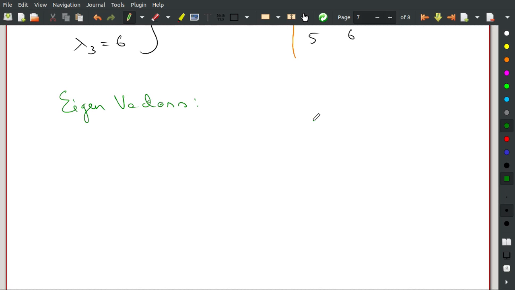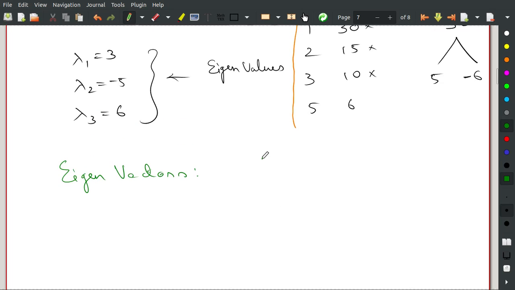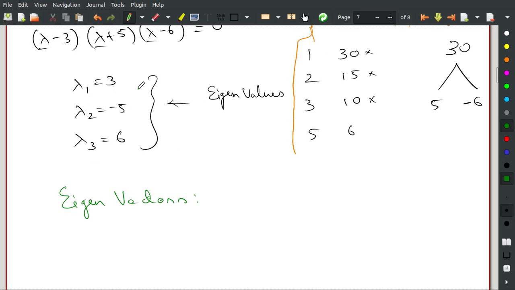Okay, in order to find the eigenvectors, what we have to do is substitute these eigenvalues in the equation (A minus lambda I) x equals 0. So these are matrices, right?